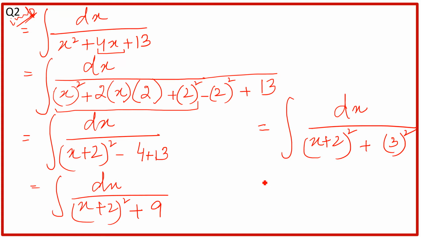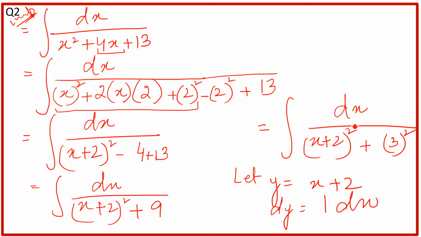Now we will suppose y is equal to x plus 2, without the power. I told you we have to suppose without the exponent, whatever is inside the parenthesis. So x plus 2 is y, and dy, the derivative, is 1 dx.